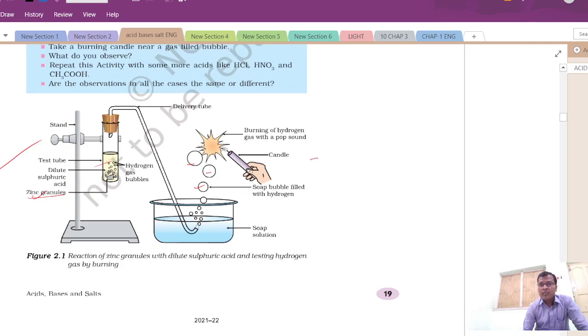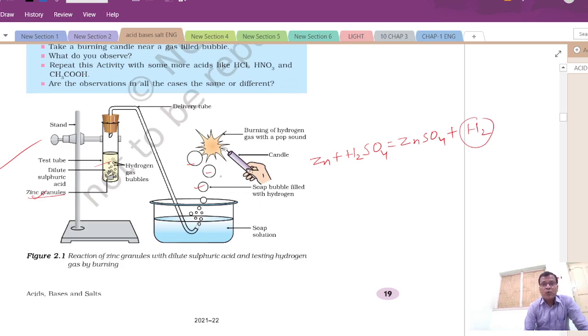So what happens when zinc reacts with sulfuric acid, H2SO4? A salt, ZnSO4, is formed and hydrogen gas is liberated. Zn plus H2SO4 gives ZnSO4 plus H2. This is hydrogen gas.